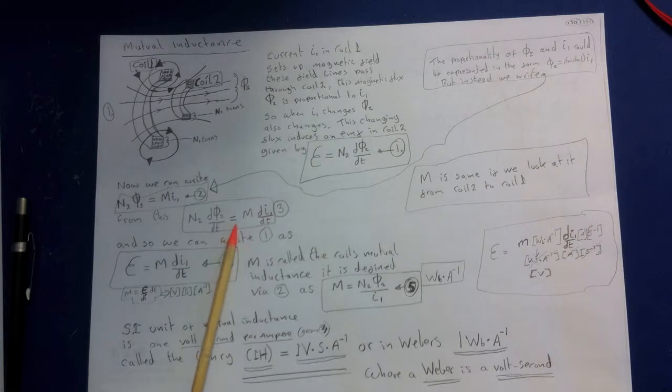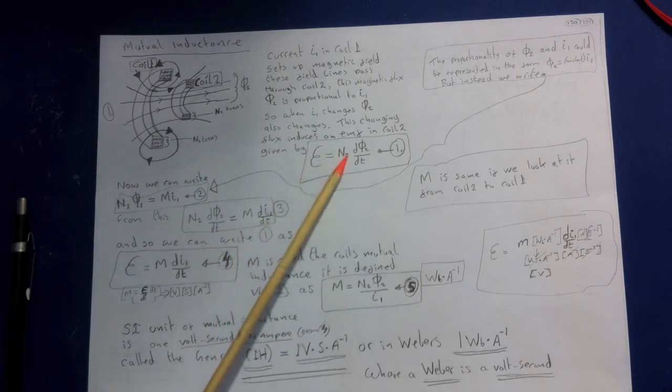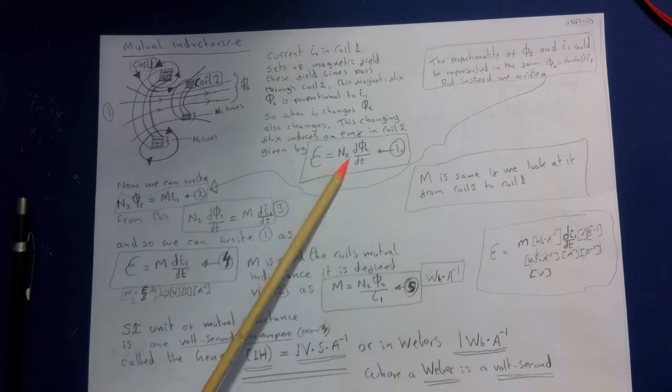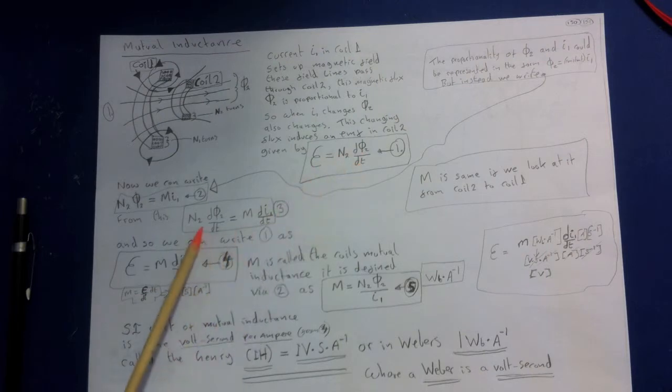We can divide through both sides by delta t, and we end up with this. Now we can write this equation, using this relationship, as equation 4 here: the EMF equals M di1/dt. We've rewritten this by replacing the N2 dΦ2/dt by this term.